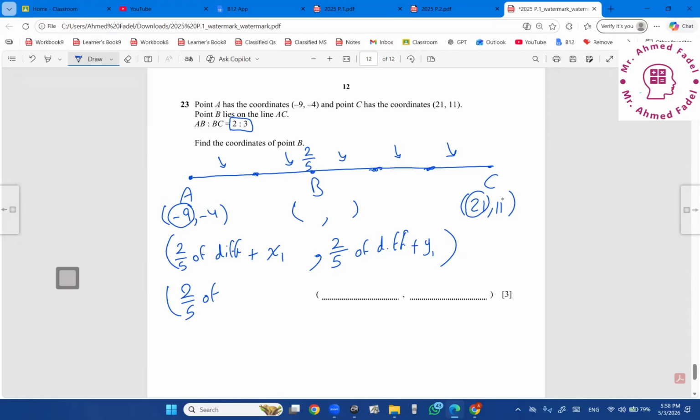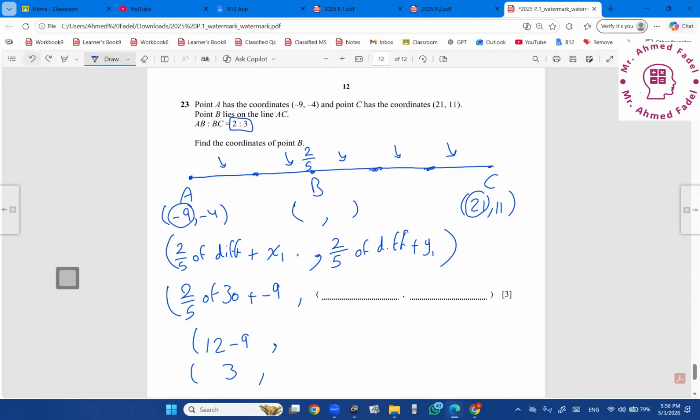So until you reach 21 is 30. So I want 2/5 of 30. Then what do we do next? Plus x1, which is -9. You're going to find that 2/5 of 30, 30 divided by 5 is 6, times 2 is 12. 12 plus -9, which is 12 minus 9, that is going to give you 3 exactly. So the x is 3.